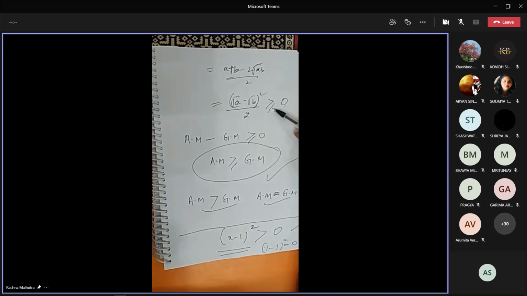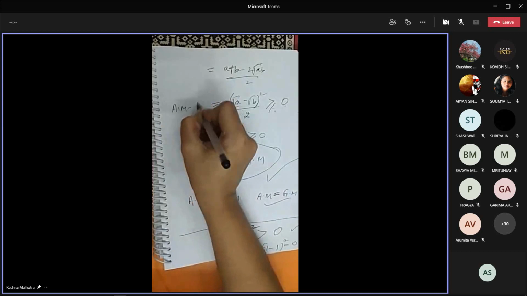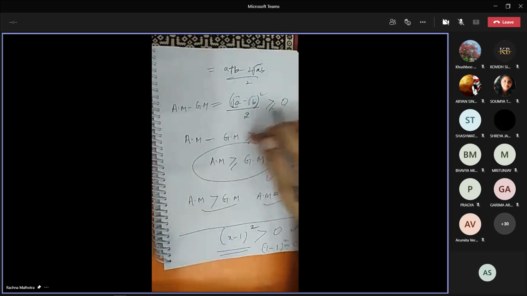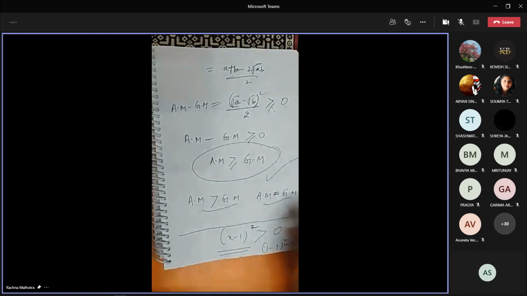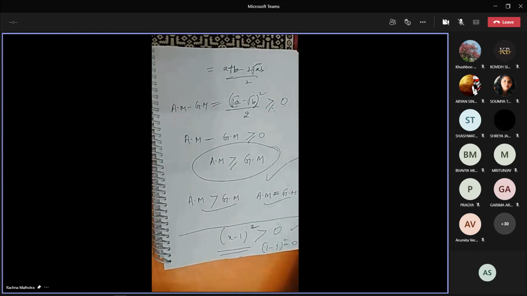So what was the left hand side that we were solving? AM minus GM is greater than or equal to 0. So you can shift GM here. So what is the relation between AM and GM? AM is greater than or equal to the geometric mean. Should I repeat? No, ma'am, it's clear.